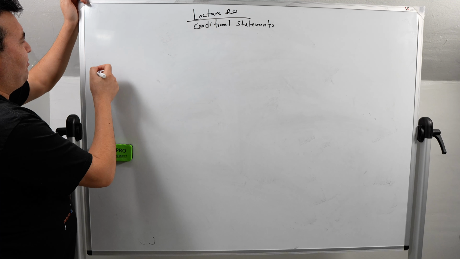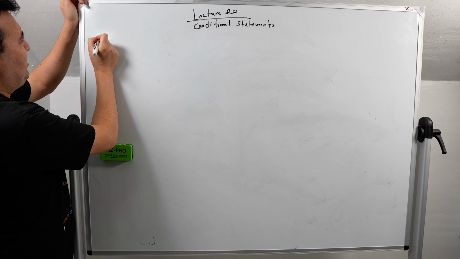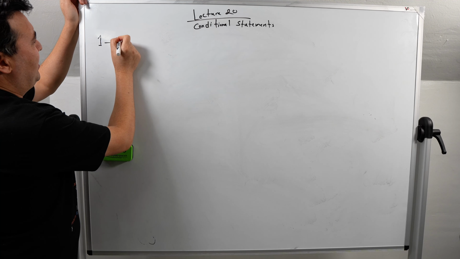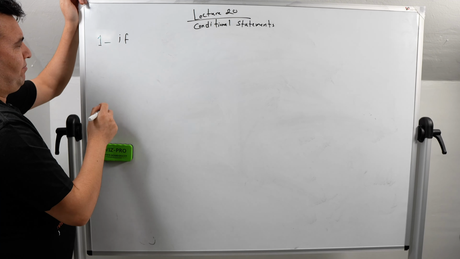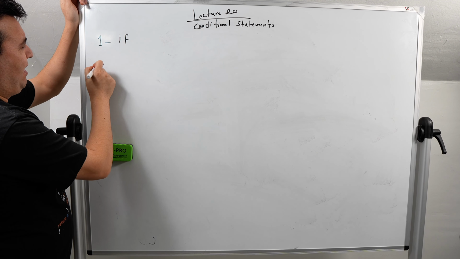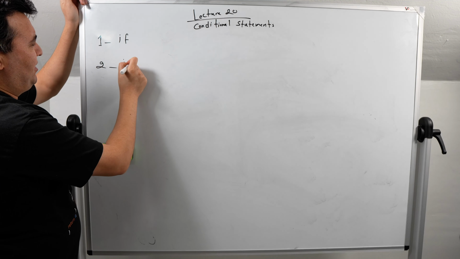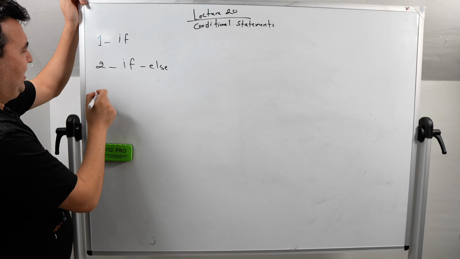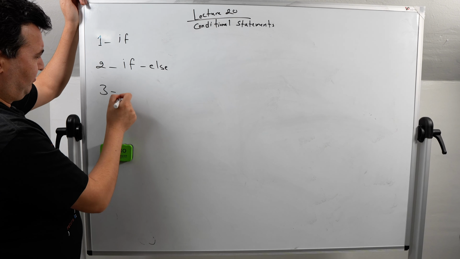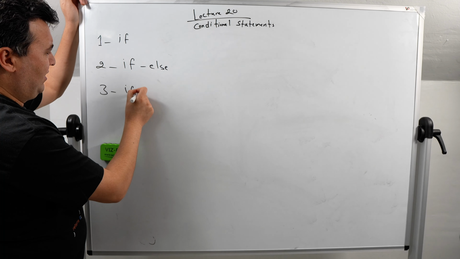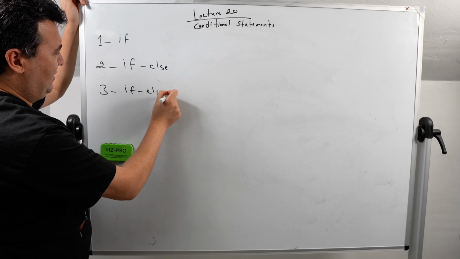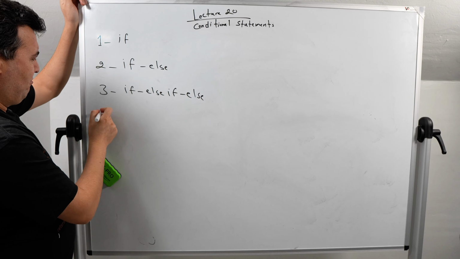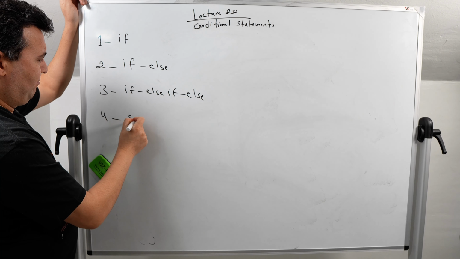So in C++, we have 4 kinds of conditional statements. First, we have if statement, then we have if else statement, then we have if, else if, else statement, and then we have switch statement.